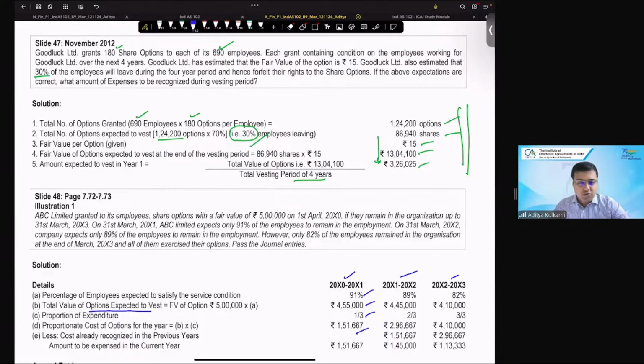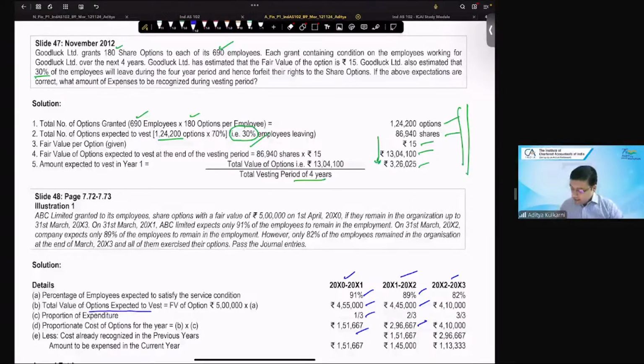In year two, when you are closing, you estimate that, sir, my number will be 89% only. 2% extra will be my outgo of employees. So overall only 89% will remain. So 5 lakh into 89%, 4,45,000 into 2 by 3 because 2 years have passed. So at the end of second year, 2,96,667 should be the total cumulative expense.